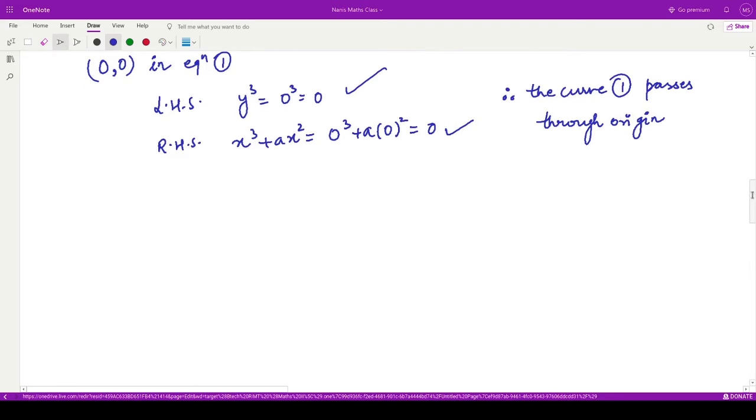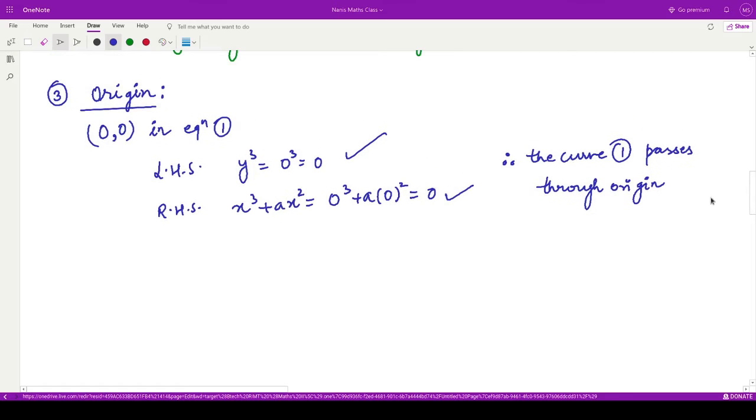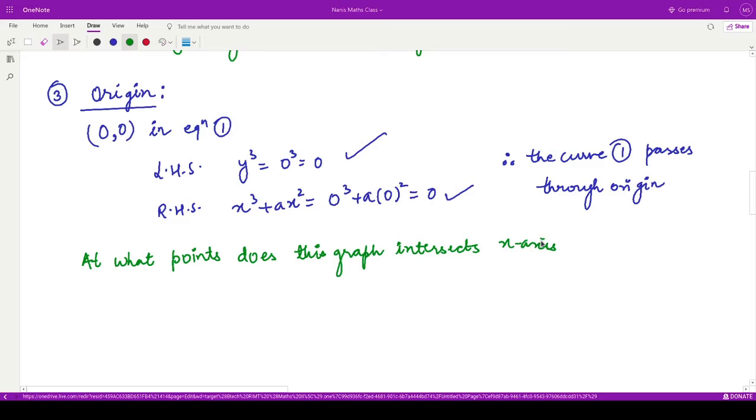And similar to that, we can also check at what points this graph intersects the x-axis. So we know the graph would intersect the x-axis when y is 0. So when y is 0, your curve would become 0 cube is equal to x cube plus ax square, or 0 is equal to x square into x plus a.